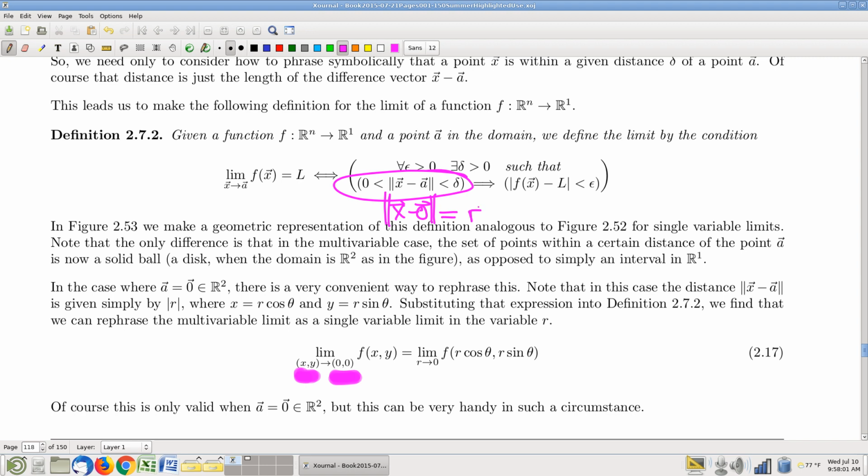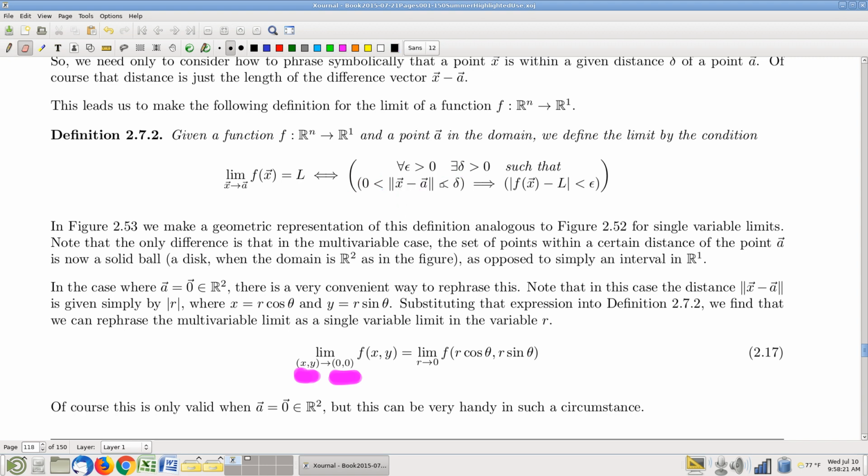And if you replace this with just r, or if you prefer the absolute value of r, then this becomes kind of a single variable limit again. Let's not sweat the details, but I think that's a plausible analogy at a minimum.